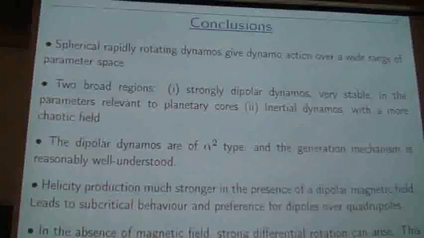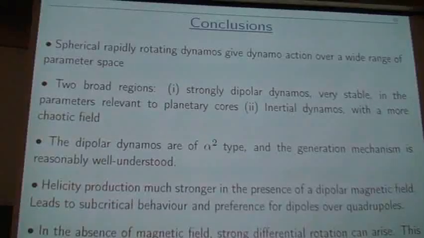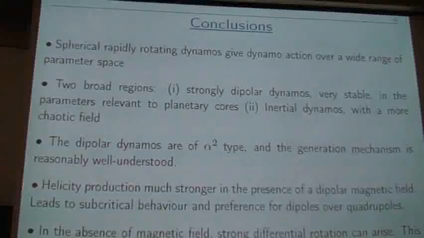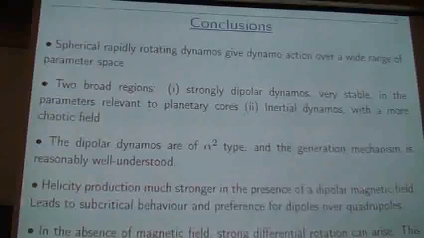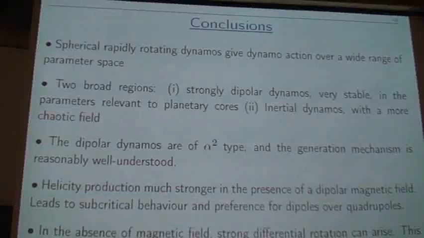There was a paper by Fritz Busse in 1970-something, I think, which got forgotten, as these things often do. But nevertheless, he pointed out that magnetic field could aid helicity production in plane layer dynamo models. So again, that's not completely new, although the spherical work is new.